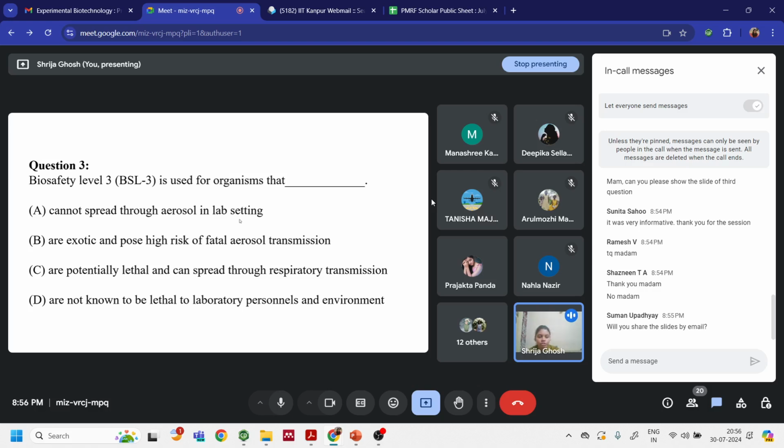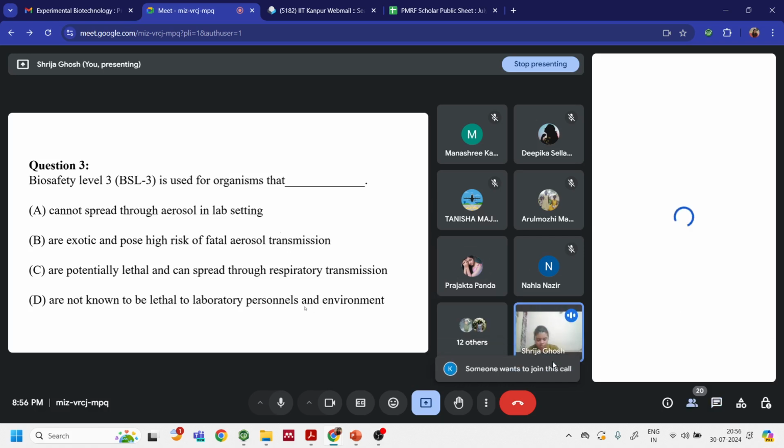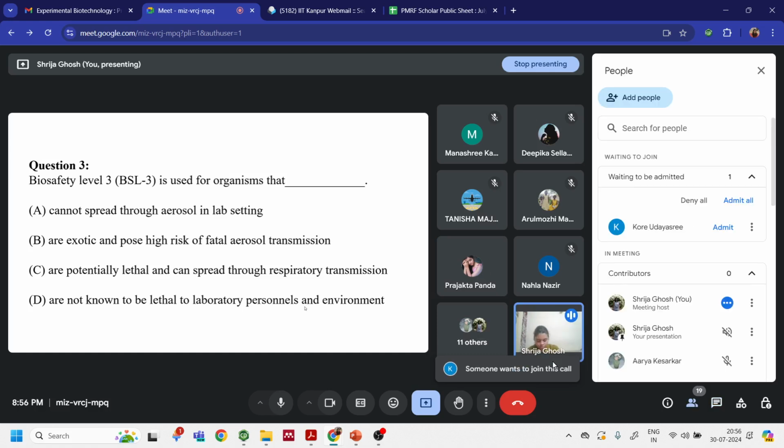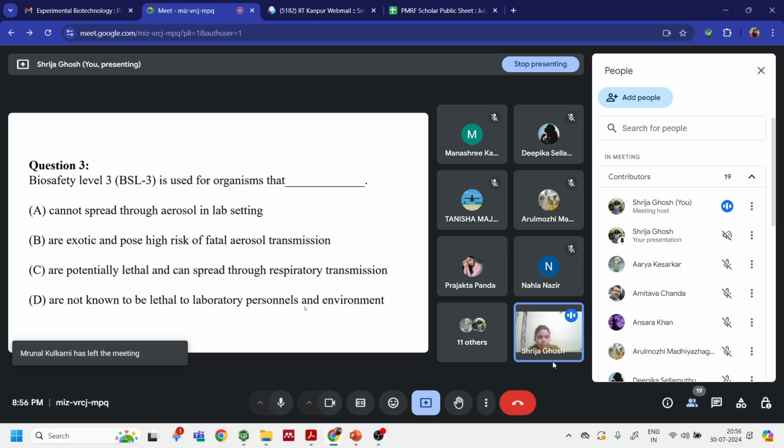I'll have to check. For disinfection, hydrogen peroxide is generally what I know is used. But in notes, it's provided that we have to use quaternary ammonium salts. So maybe both of them could be useful. I'll just check and I can let you know if you want. Okay, sure, ma'am. Thank you.